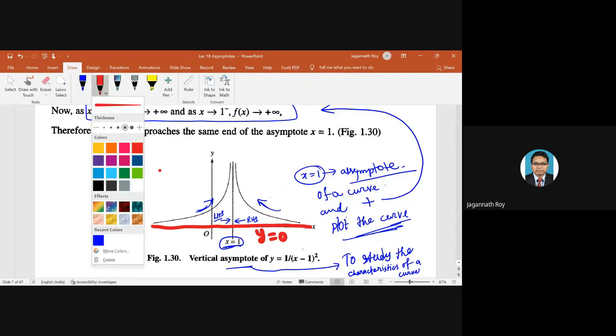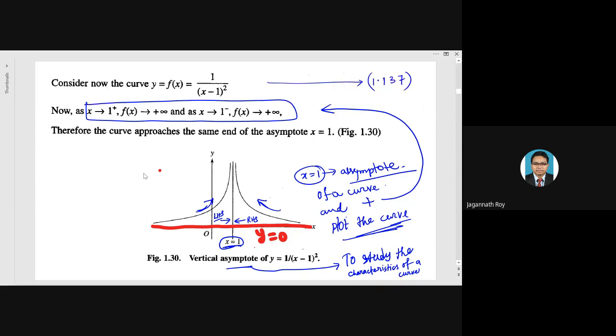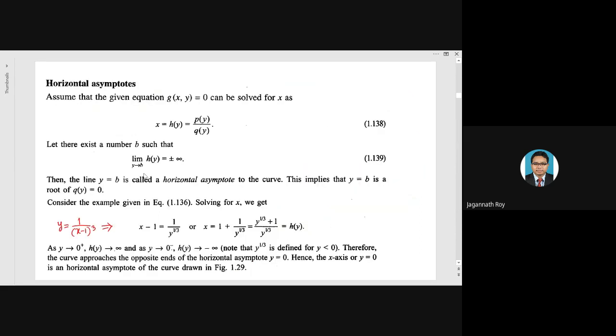So this is also an asymptote to the curve. This asymptote will be called a horizontal asymptote. How do we define it mathematically? Geometrically we can see it here.